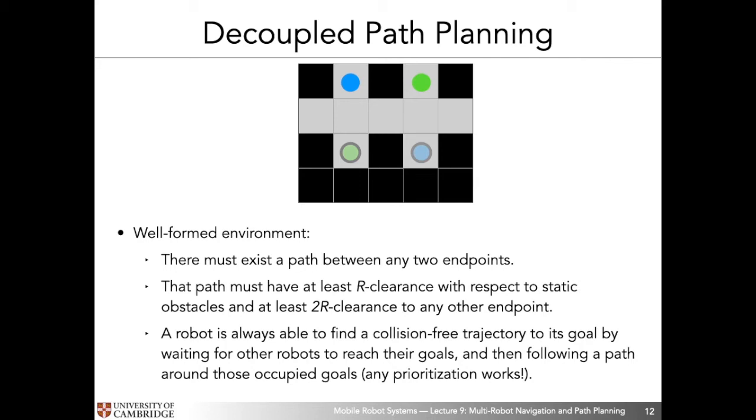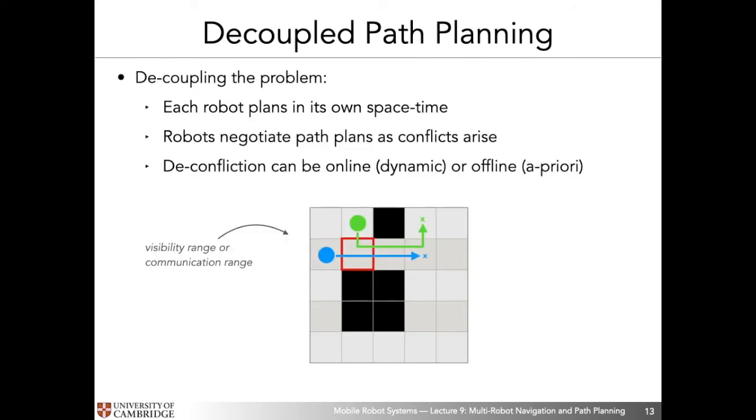So let's talk a little bit about decoupled systems. If we decouple the problem, what does it mean for a robot? Well, essentially it just means that every robot or agent can now plan in its own space-time, right? So it's no longer a joint space-time problem, but an independent one. And because every robot is now planning independently, when robots encounter potential conflict zones or impending collisions, they need to negotiate which robot can actually go first, right?